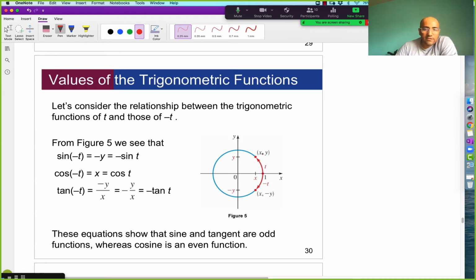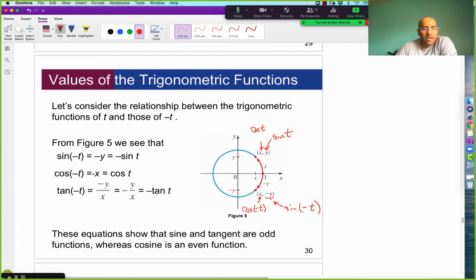Good. So this indicates that these statements are true. Looking at it, the x-coordinate stays the same. This x-coordinate is cosine of t, and this one is sine of t. Whereas this one here is cosine of negative t, and the whole thing, negative y, is the result of sine of negative t.